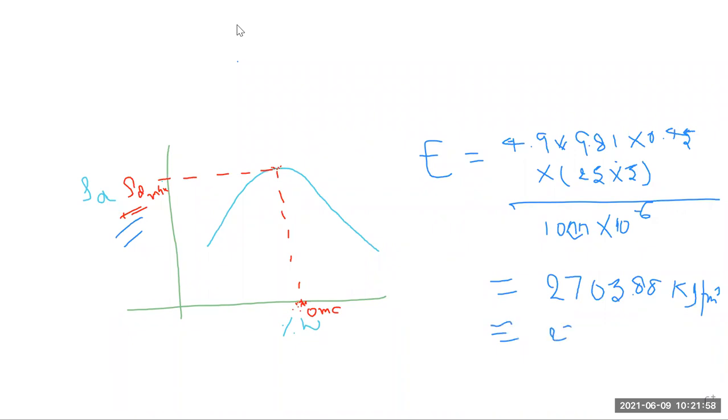Okay, means yes ma'am, 2703 kilojoule per meter cube.